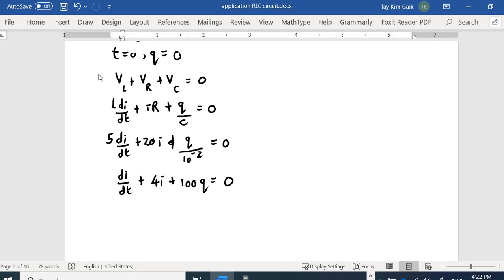Plug in L is 5, R is 20, C is 10 to the power negative 2. We divide both sides by 5, and we arrive at dI/dt plus 4I plus 100Q equal to 0.